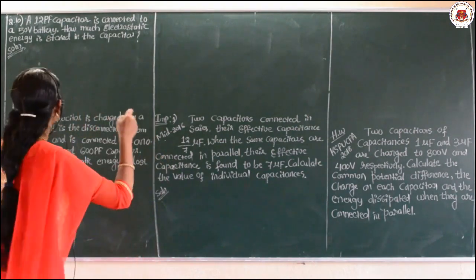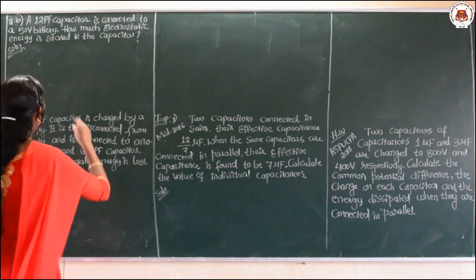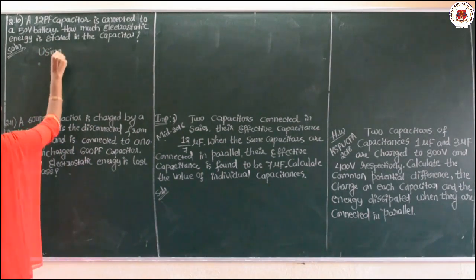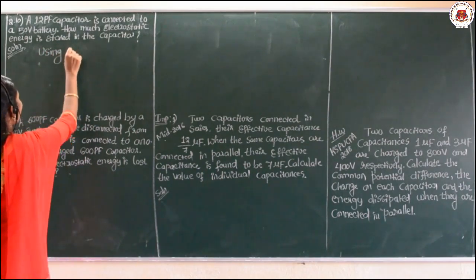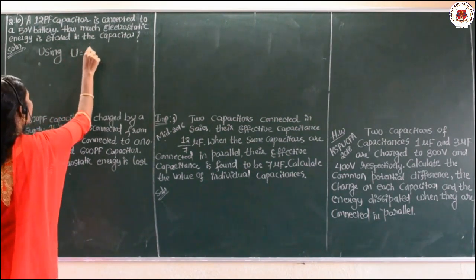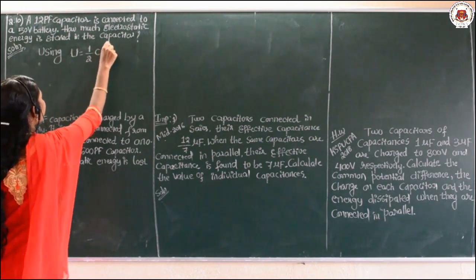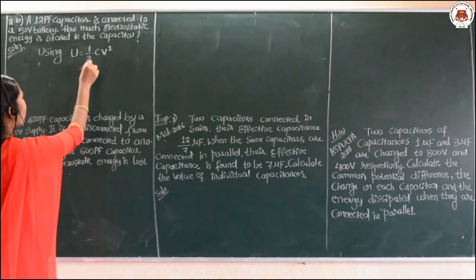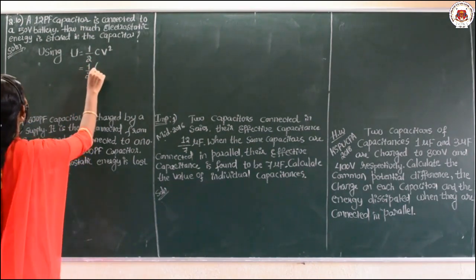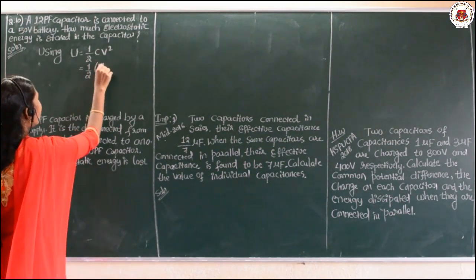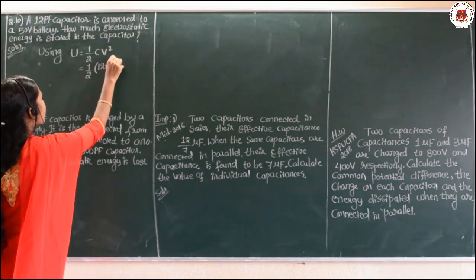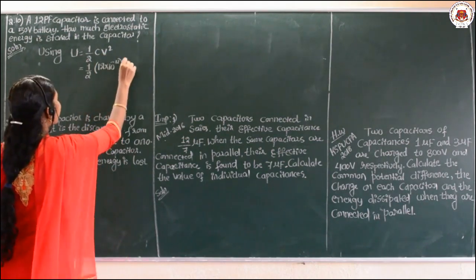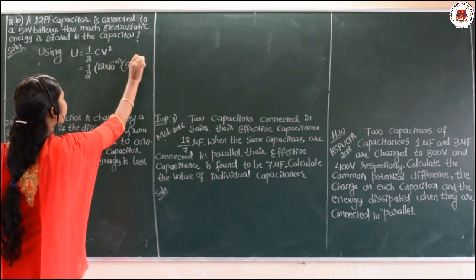If both are given, how to calculate the energy? The energy stored in the capacitor is calculated using the formula U is equal to half CV square, right? Then this is equal to 1 by 2, C is 12, pico means 10 raised to minus 12, V is 50 square.